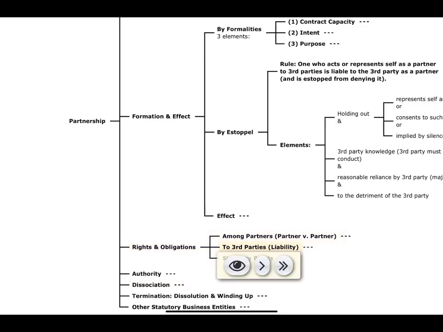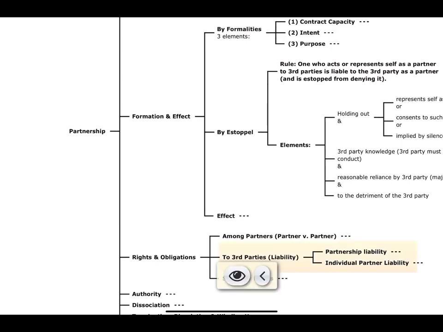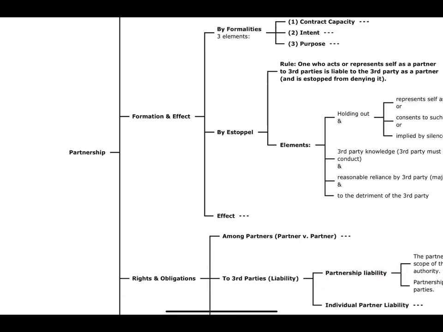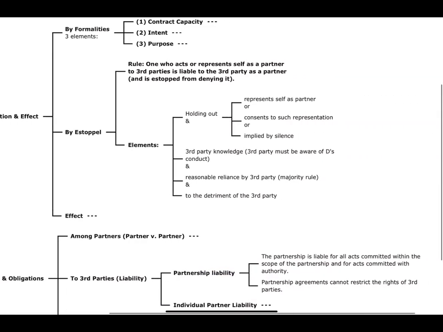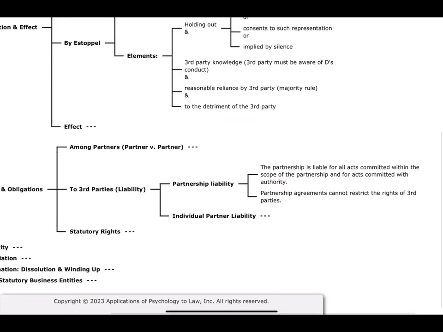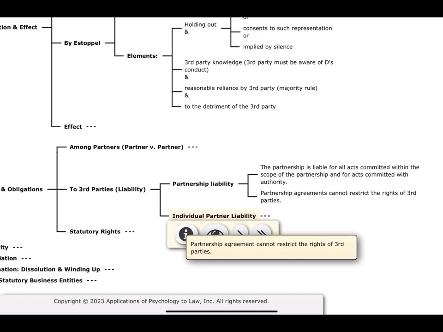And let's see what detail we have under there, because this is also really relevant to the call. Under partnership liability, we see that the partnership is liable for all acts committed within the scope of the partnership and for acts committed with authority.